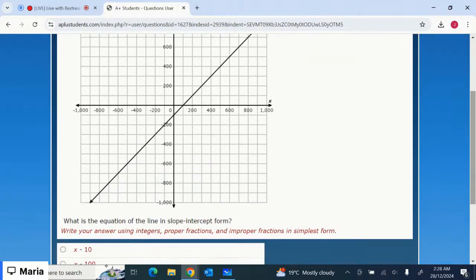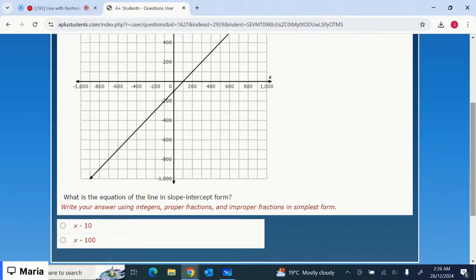Look at this graph. What is the equation of the line in slope intercept form? So, which is the correct option?